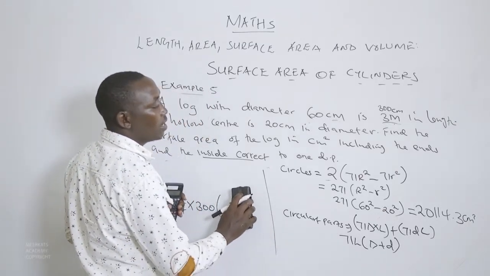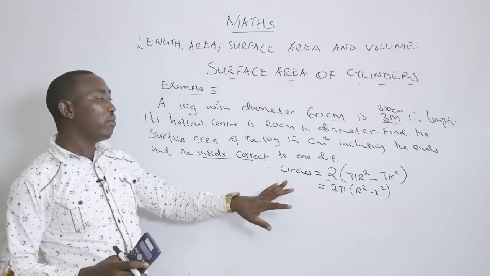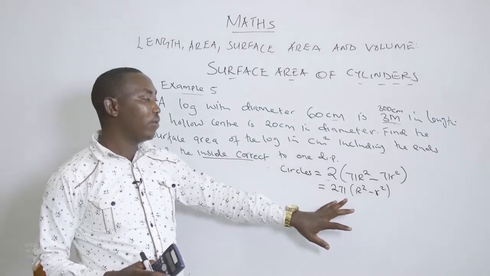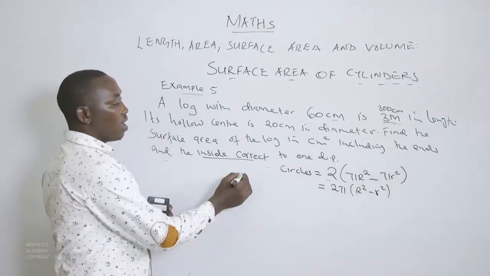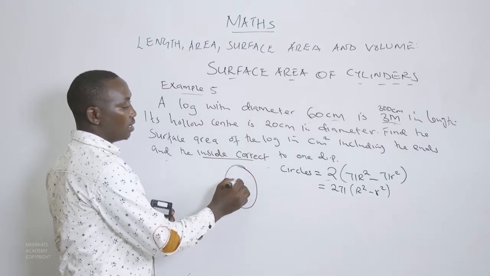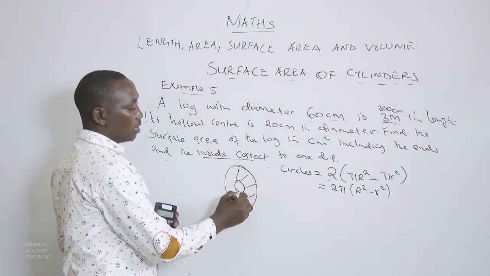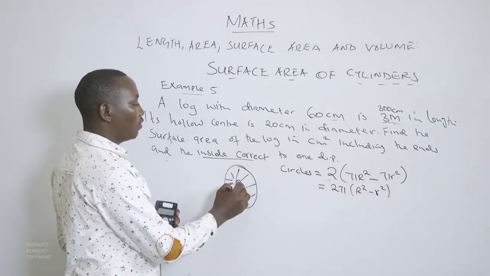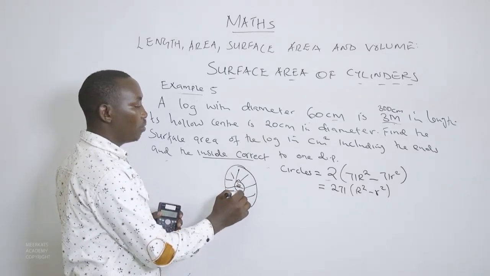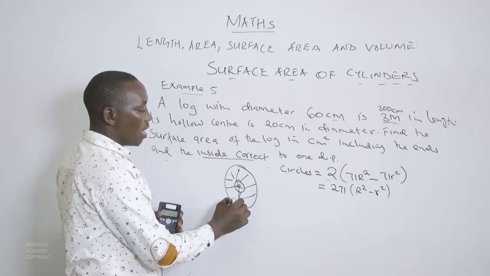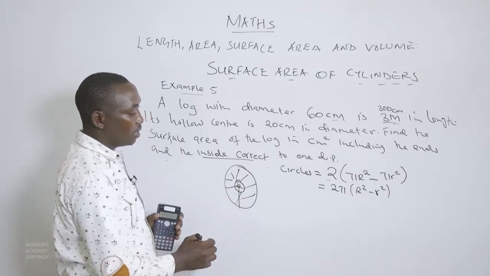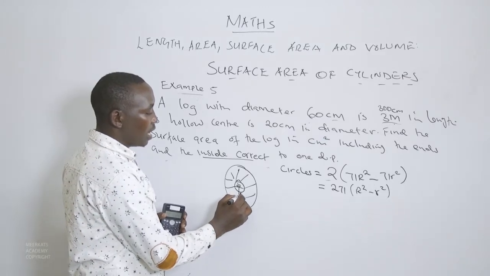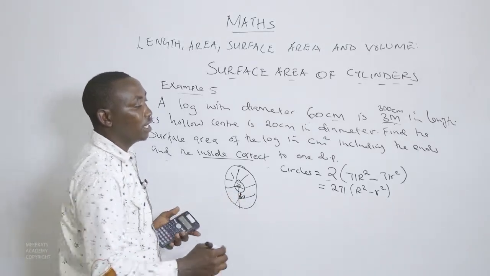There's a mess somewhere. So for us to get the total surface area, we have said we need to get the area of the circular part, and the circular part has a hole which has a diameter of 20. That means the radius is going to be 10 units, and the other one has a diameter of 60, meaning that the radius is going to be 30 centimeters.